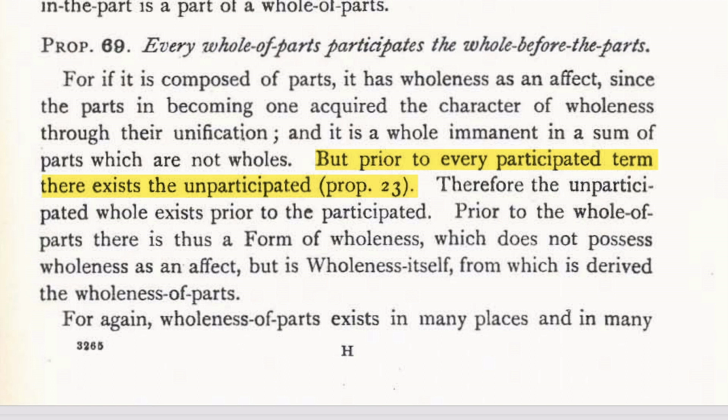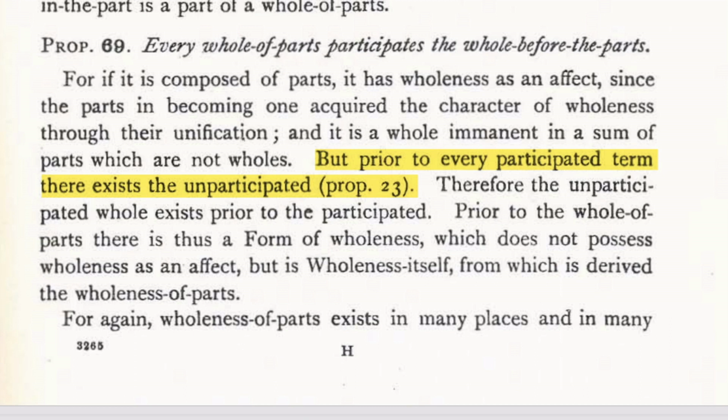Prior to the whole of parts, there is thus a form of wholeness, which does not possess wholeness as an effect, but is wholeness itself, from which is derived the wholeness of parts." This will become clear as we go on.